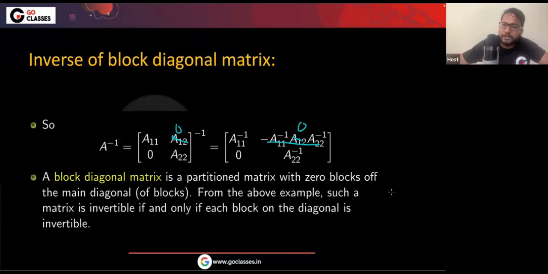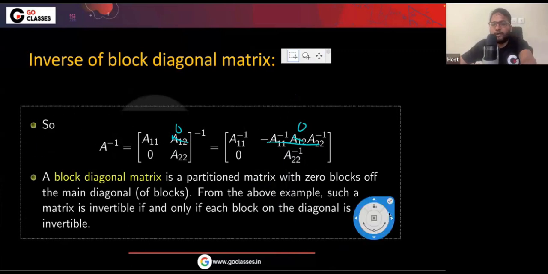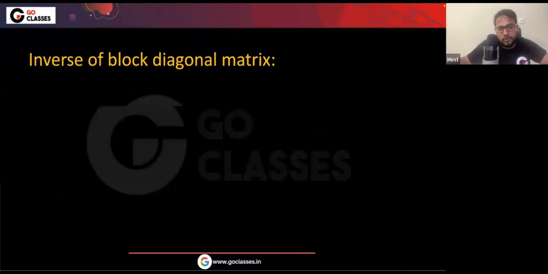What is this special case? If you want to find the inverse of some diagonal matrix, let's suppose A, 0, 0, B. Suppose this is P. Then what is P inverse?